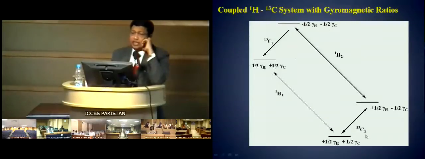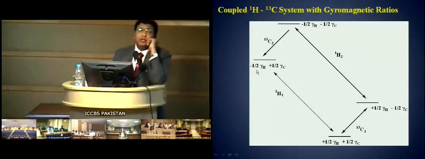So these two energy levels belong to carbons, and here to here there is a change of orientation of proton. So this is a single quantum transfer of proton, right? And these are proton levels too. From here to here, this is the transfer of only a single quantum, and that is proton, right?